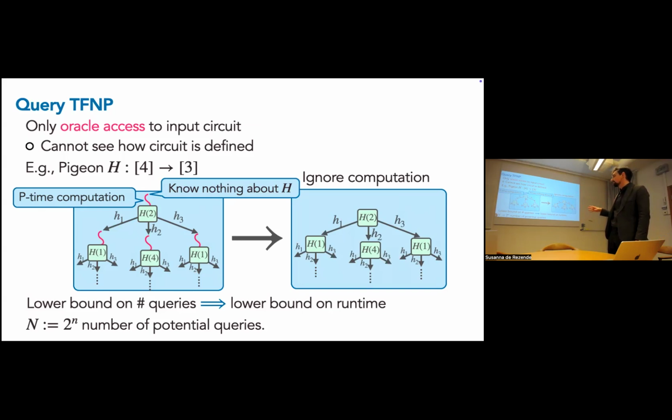Okay, so typically when we talk about efficiency, we want the runtime to be polynomial. We're going to reparameterize things here, which will make things a little bit easier. We'll also relate back to this complexity notion for a proof system that I mentioned at the start. So 2 to the n was the number of potential queries. This is like the number of pigeons.